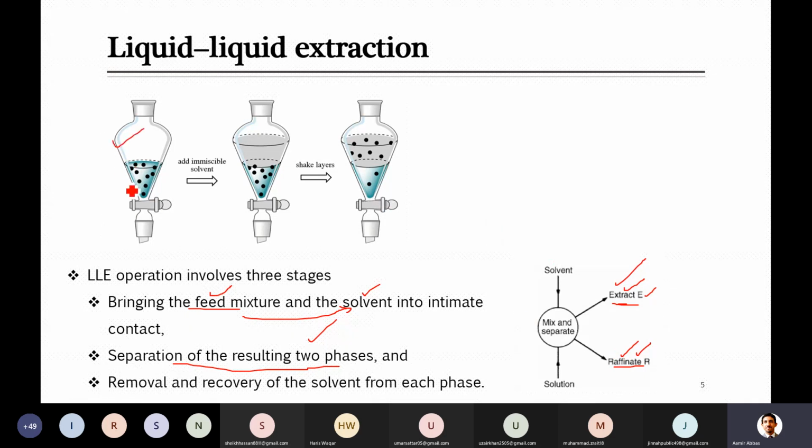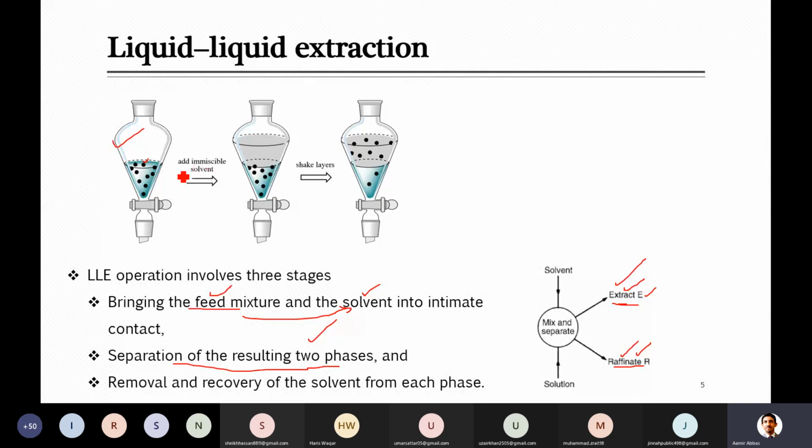Here, initially in the first diagram, you can see the feed, which contains some solvent in a bluish color, and it contains these circles, or black dots. It is shown that the feed consists of more than one component. The purpose here is to separate these components from this feed and get them transferred to something else.